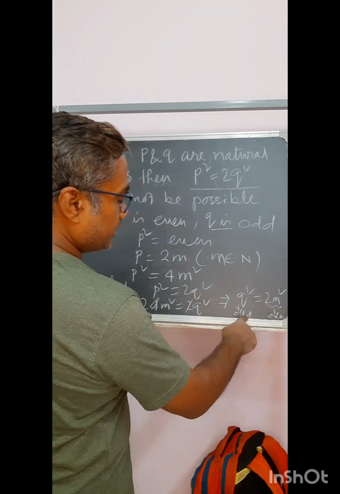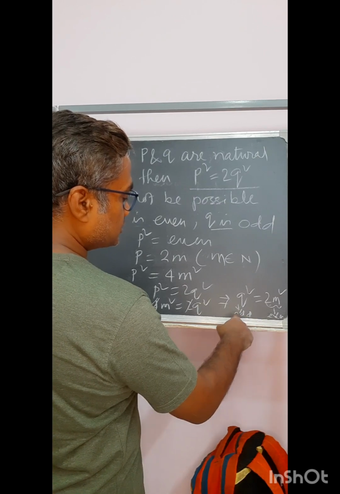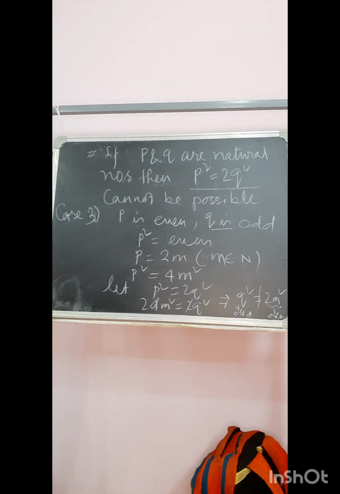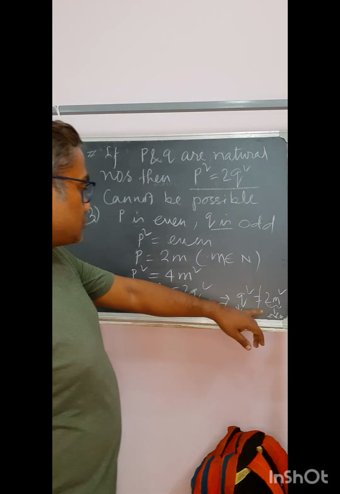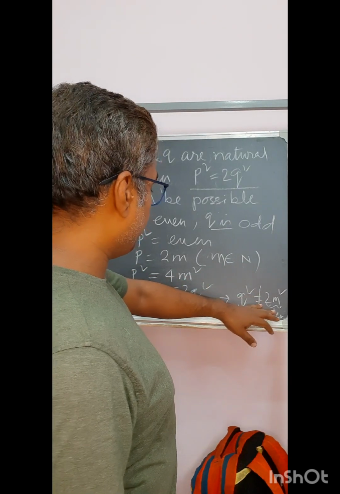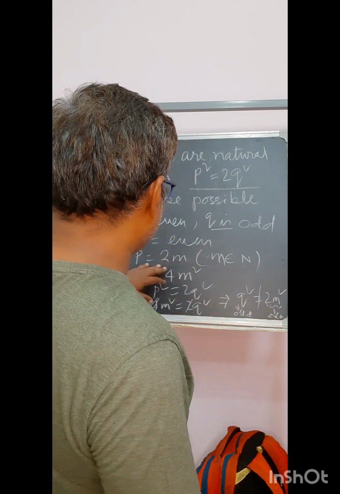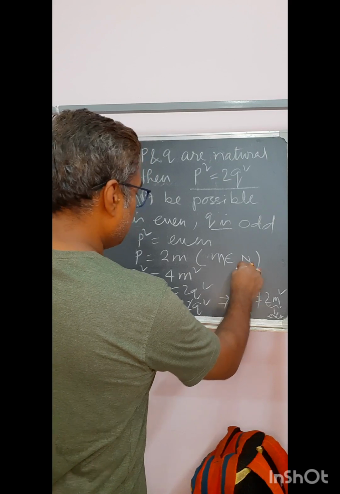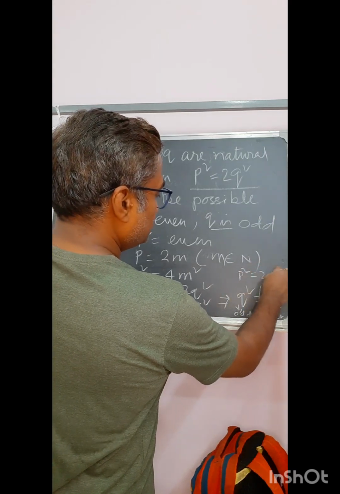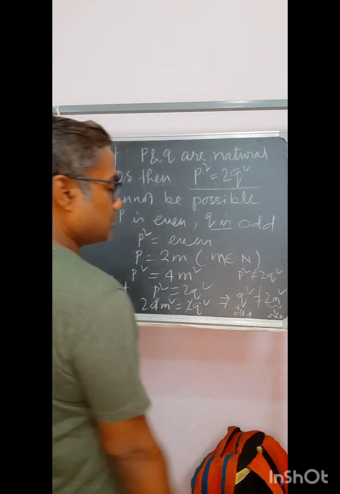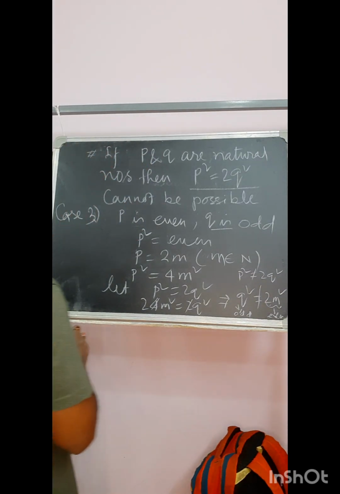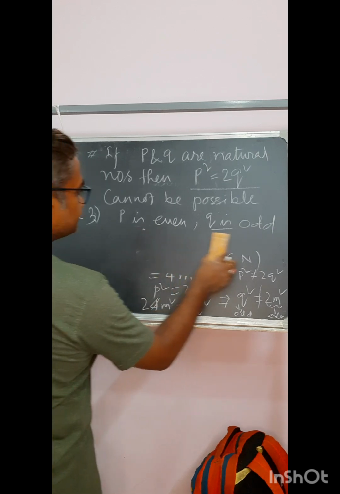This condition cannot be satisfied, as odd cannot be even, so this also nullifies. So P square equal to 2Q square does not hold. This is the third condition.